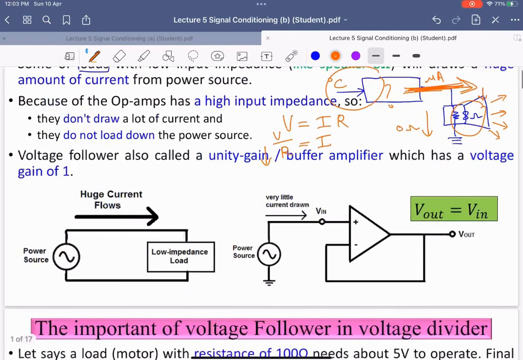The concept of the voltage follower: the output from the sensor, which is the Vin, goes to the op-amp. You don't need any resistor here. You just need wire, from this one connected to the minus input.